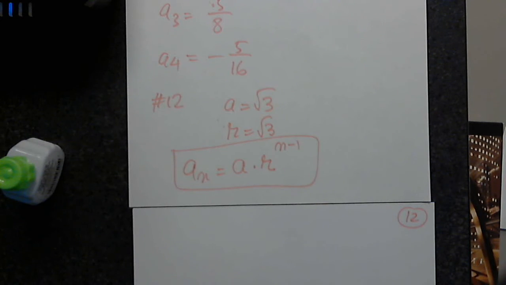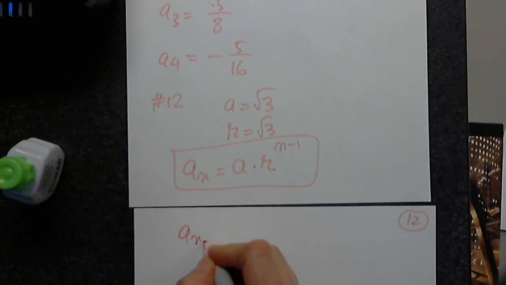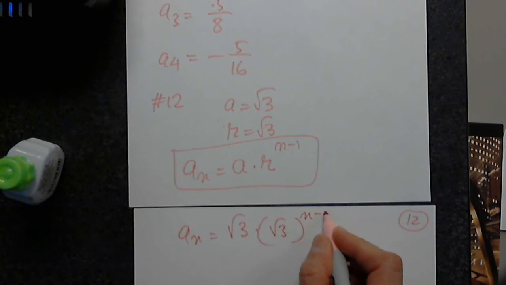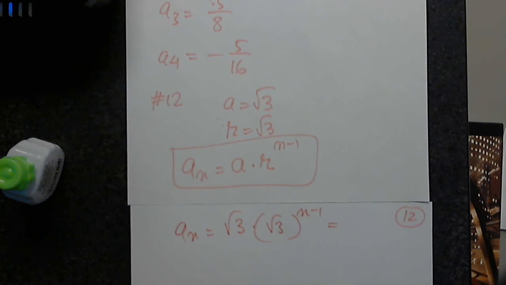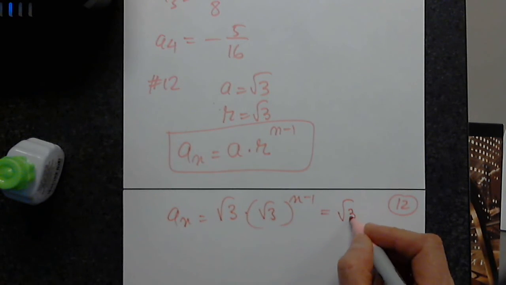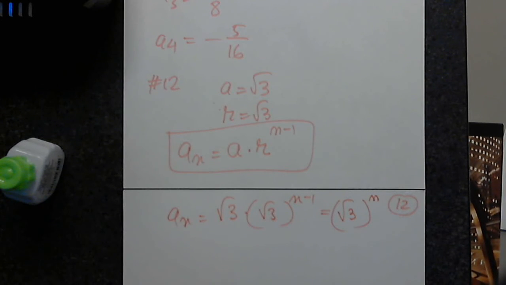That makes sense. Okay, so we want to determine the nth term. This is the square root of 3 times the square root of 3 raised to n minus 1. So the general term is, copy the base, add the exponents, n minus 1 plus 1, the square root of 3 raised to the nth. So that's the nth term of this geometric sequence.